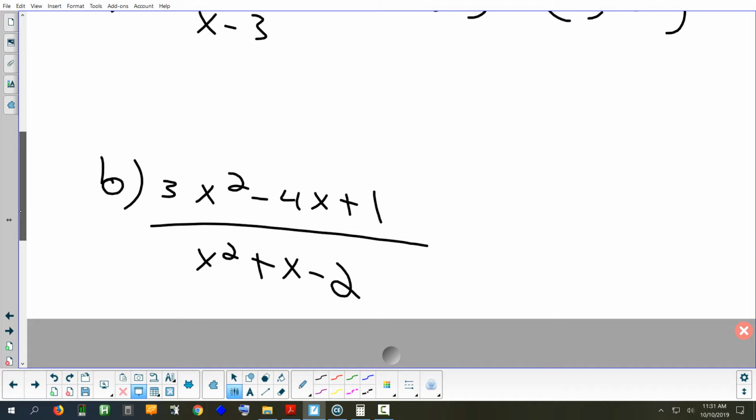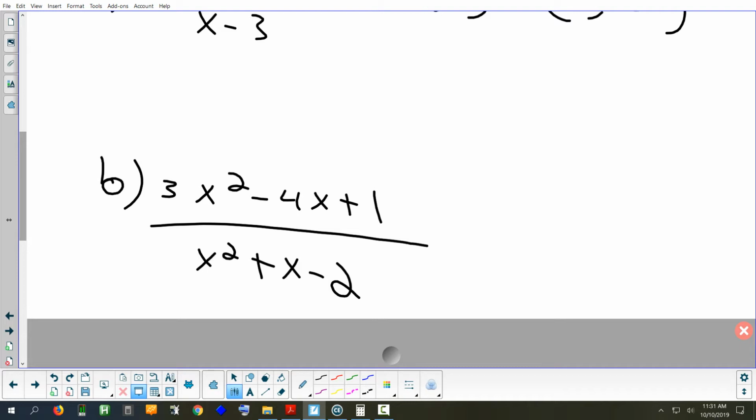Right, because it's a higher degree. It's a quadratic, okay? So we have to factor it or use the quadratic formula. When we're looking for values that make the denominator 0, we're not interested in imaginaries. No imaginaries. We're only looking for real numbers that would make the bottom 0. And I agree, 1 is going to be one of them.